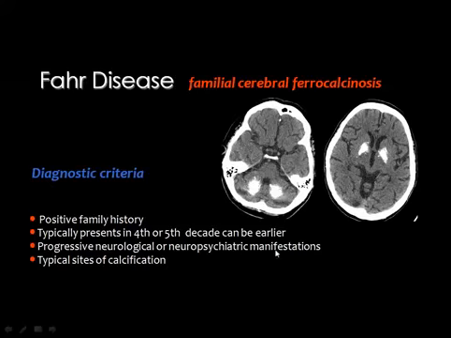Then the diagnostic criteria will include that this is a familial disease, and there should be a positive family history, and the presentation is in the fourth or the fifth decades, or maybe earlier. There are progressive neurological and neuropsychiatric manifestations with typical signs of calcification, including the dentate nuclei and the cerebellum, the basal ganglia in the supratentorial area, the caudate, the lentiform, the thalami, as well as the white matter.